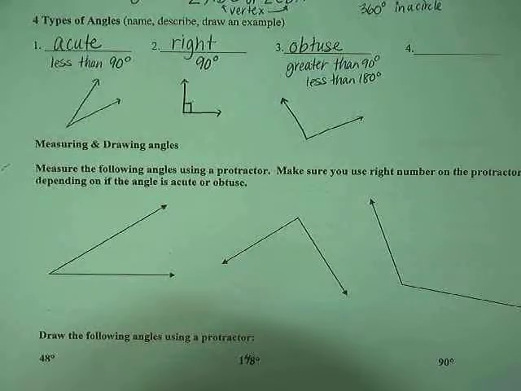Okay, the word obtuse. The word obtuse in reality means dull. Sometimes we use the word obtuse, like it can be used in other vocabulary, to refer to someone that doesn't catch on to things very quickly.